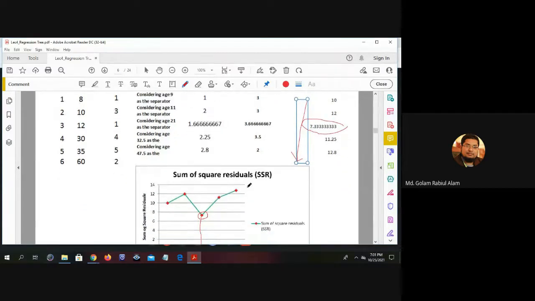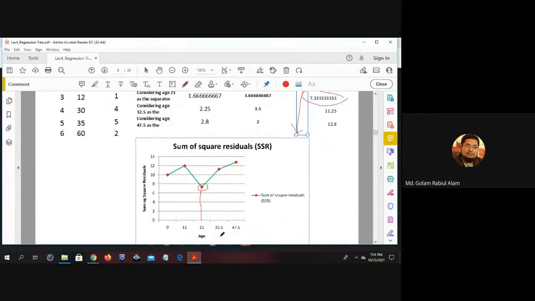If we plot the sum of square residuals versus the age, using the averages of two consecutive numbers: 9, 11, 21, 32.5, and 47.5, then for 9 the sum of square residuals is 10, for 11 it is 12, for 21 it is 7.33, for 32.5 it is 11, and for 47.5 it is 12.8.